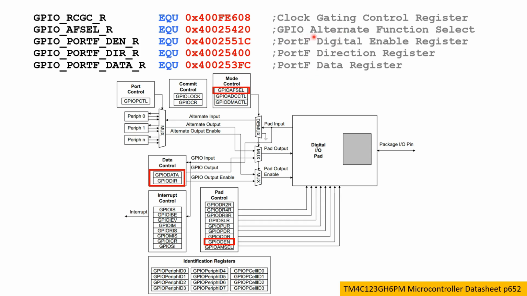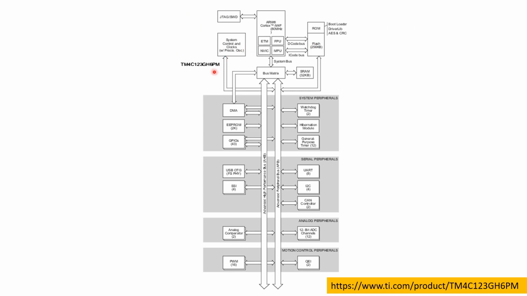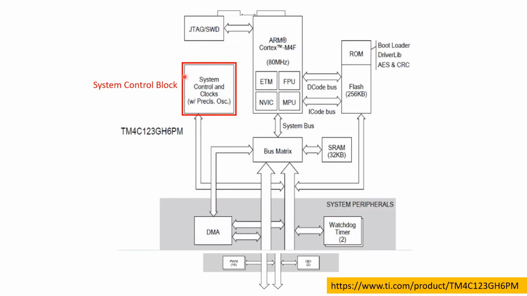That is the GPIO alternate function select register. And then not forgetting the clock gating control register. Now this register is in the system control block. All right, let's zoom in into this block.